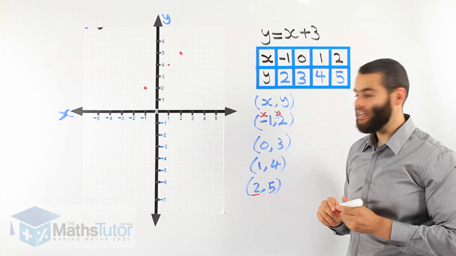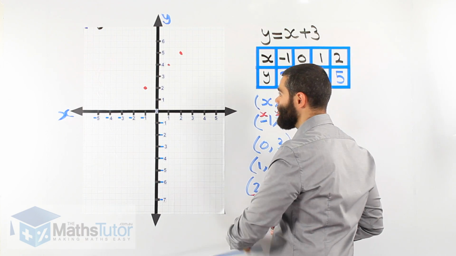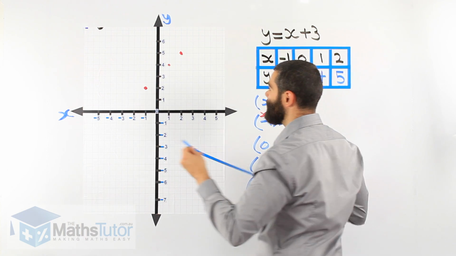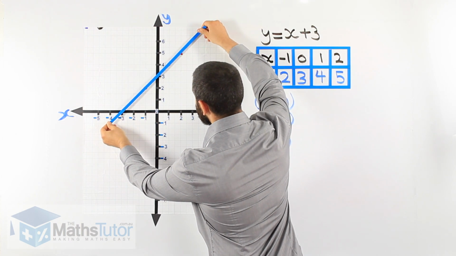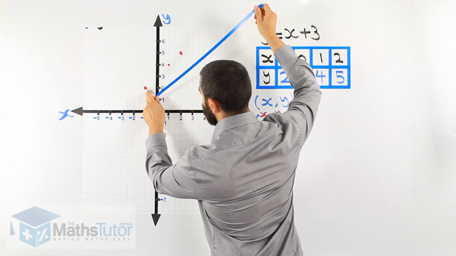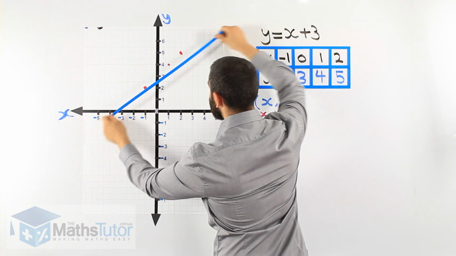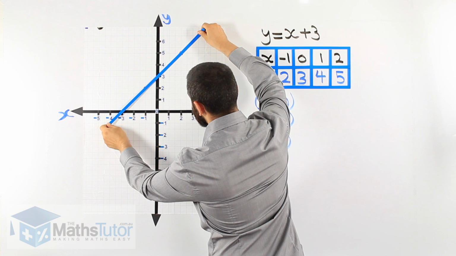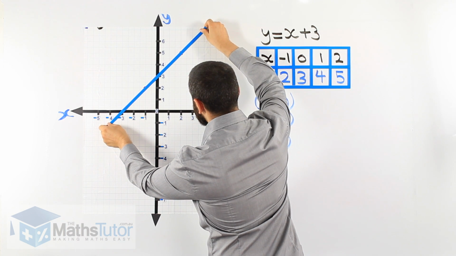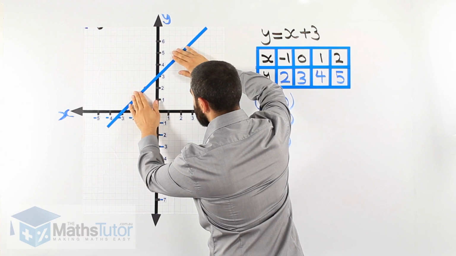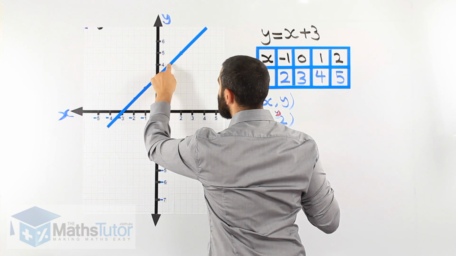Now let's draw the straight line. Using a ruler, of course, you will draw your straight line. Make sure the points are in line, and we draw our straight line going through all the points.